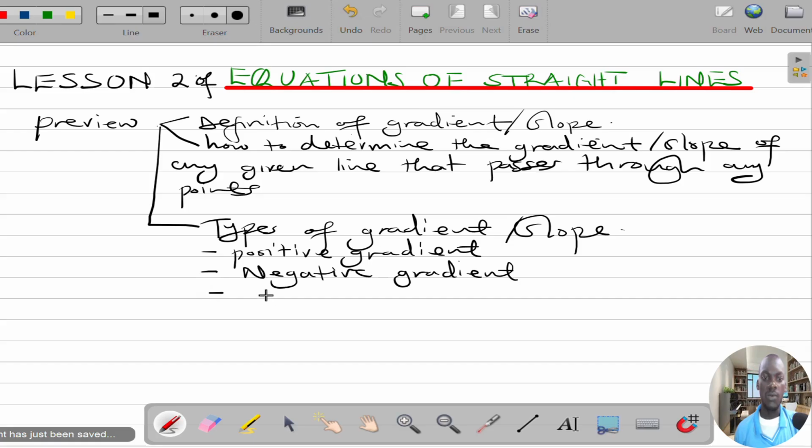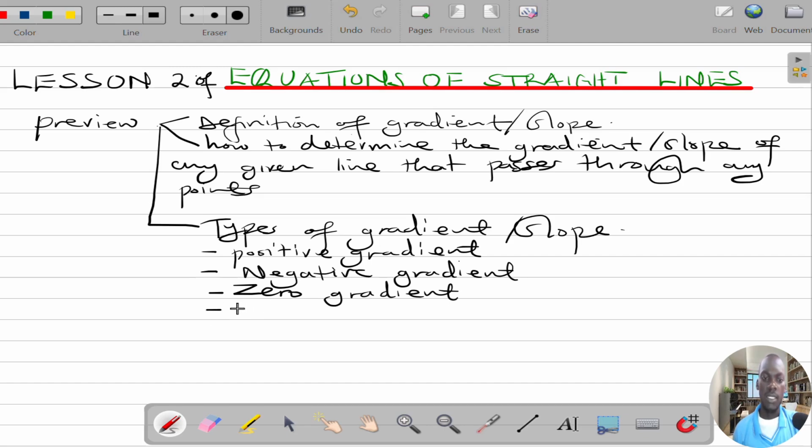The third type of gradient or slope is the zero gradient, where the line is just horizontal, or parallel to the x-axis.